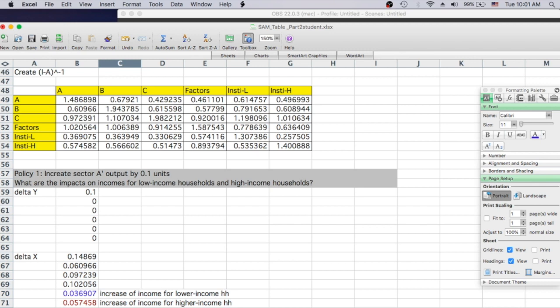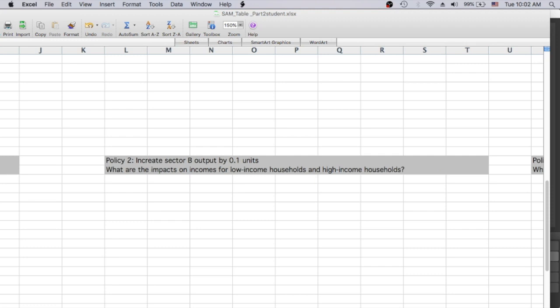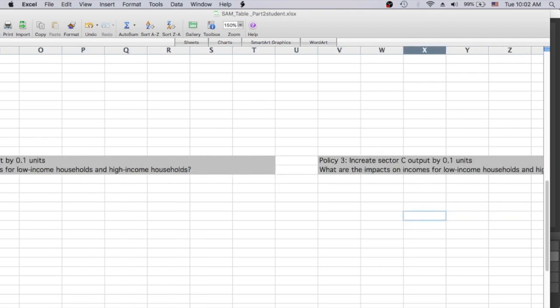to test the hypothetical policy. All right, given what you have learned, I would like you to work on two other policies. The first one is, what if I increase sector B's output by 0.1 units? So what are the impacts on the incomes for low-income households and high-income households? And policy 3 is to increase the sector C's output by 0.1 units while keeping other variables the same.